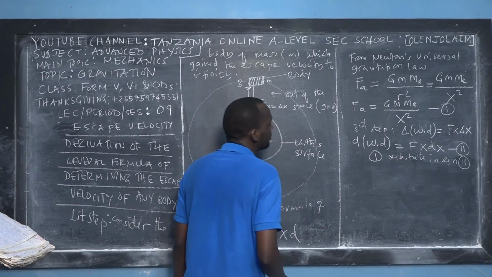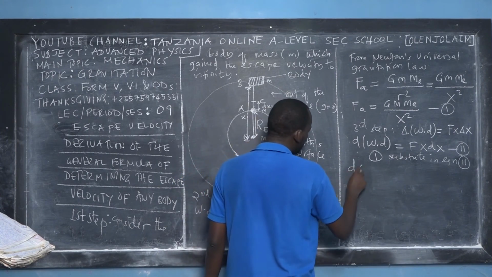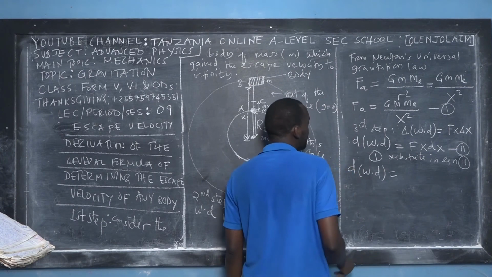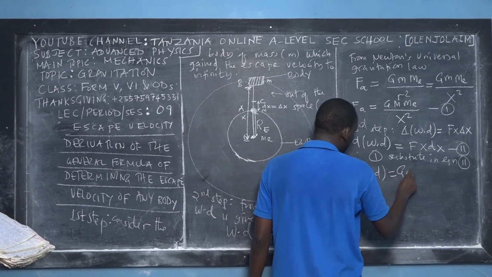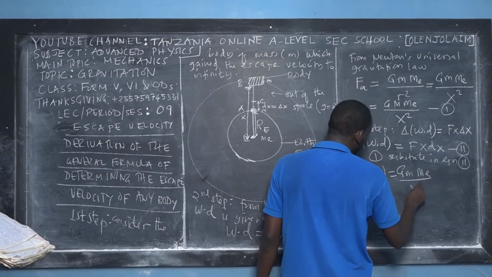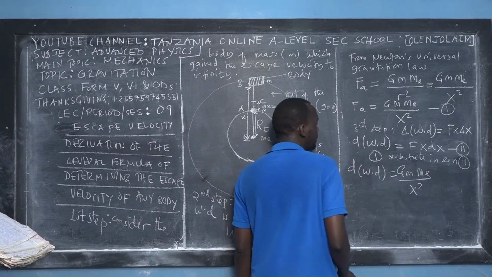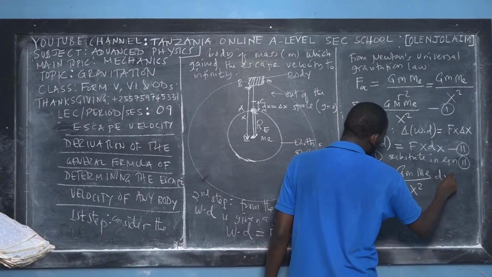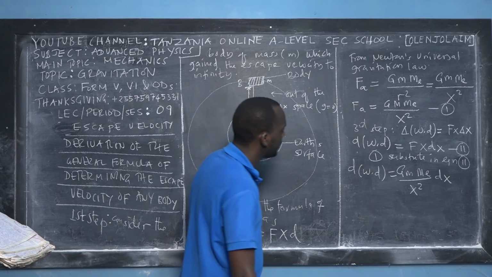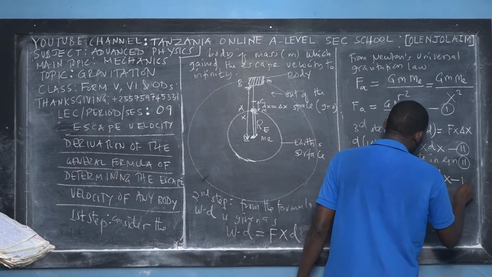What does it mean? We say that the small change in work done is equal to force, which is gravitational constant, mass of the body, mass of the Earth, over x squared, times dx. Right? So great. This is the same equation.